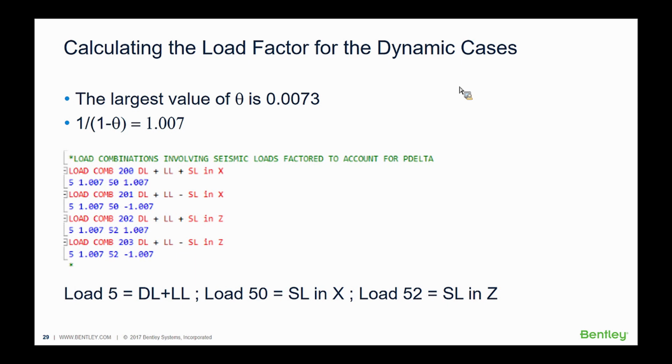Now, just to reiterate, for situations where you have to account for P delta effects in your analysis, what you can do is for all load cases except the dynamic ones, you can carry out a P delta analysis. And for the dynamic analysis cases, do a first order analysis, create the associated load combinations, and then multiply the results of those combinations by this 1/1 minus theta factor.